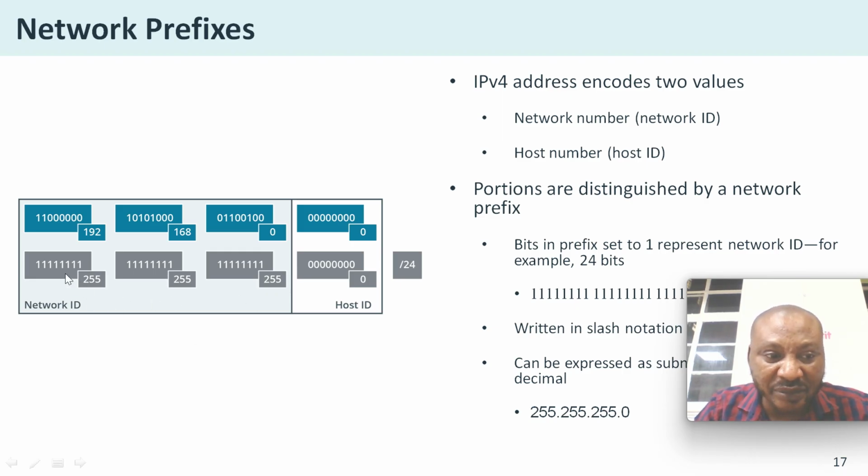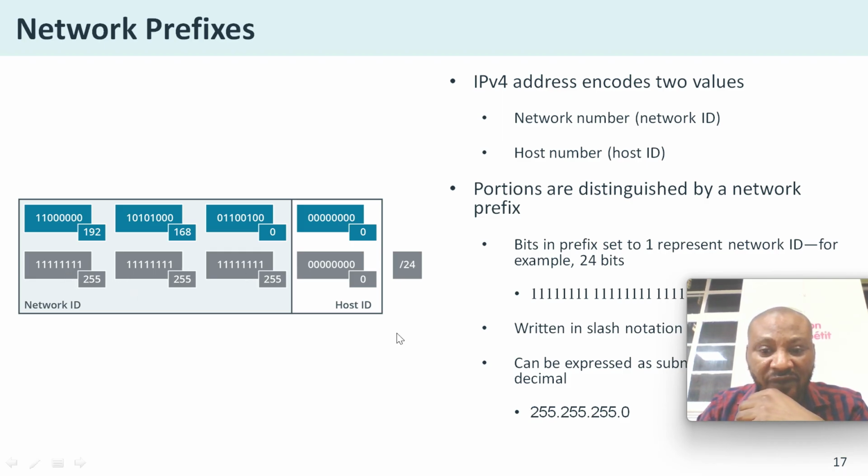This number here means that all the network portion bits are 1, all through the network address. When all the network ID portion bits are all 1, all true, that's the network portion. When you convert it, it's going to give you 255.